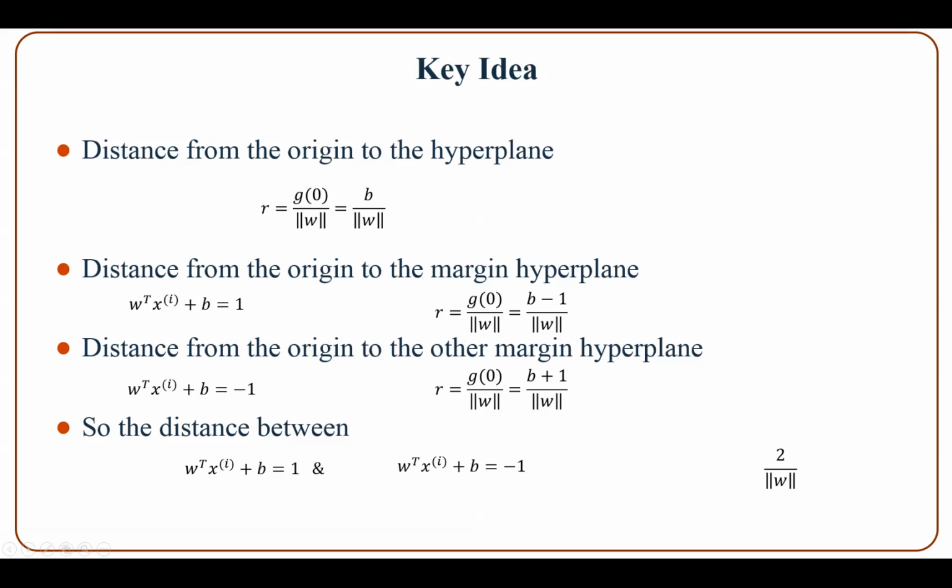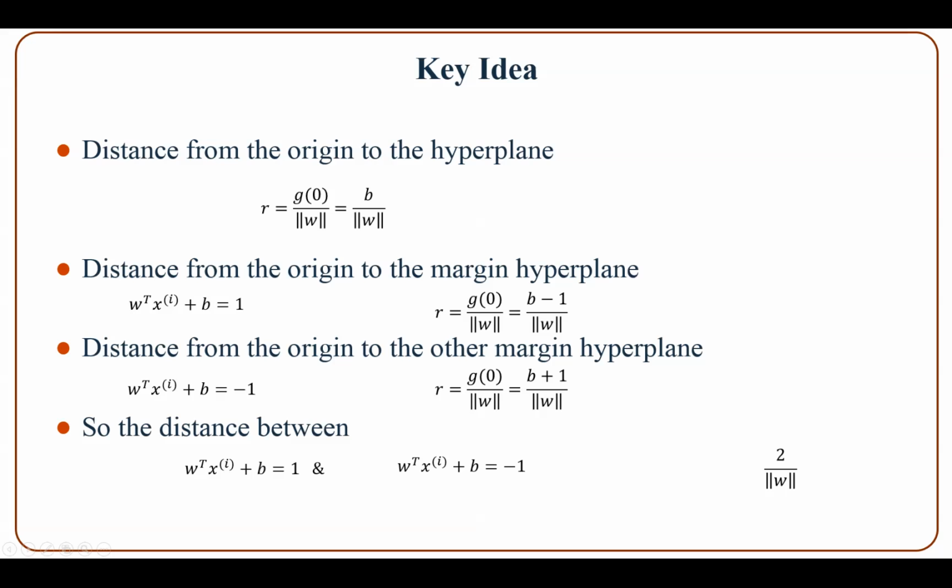And also similarly, the distance from the origin to the other margin hyperplane, and that is the other margin hyperplane. The distance from the origin to that plane is given as g at 0 divided by the norm of w, and g at 0 is b plus 1.